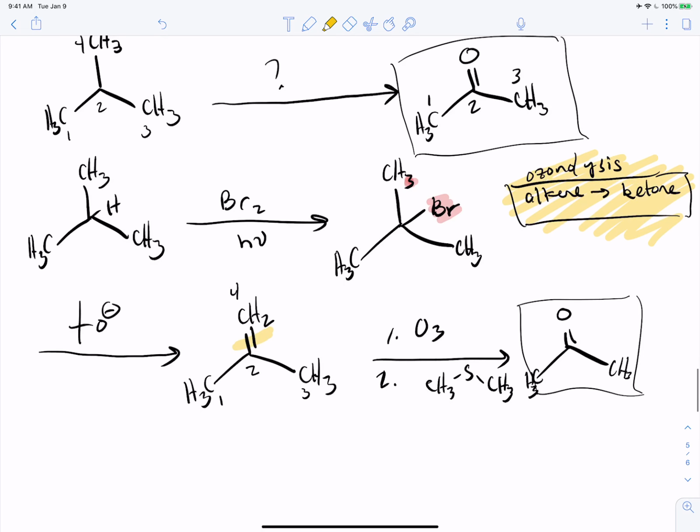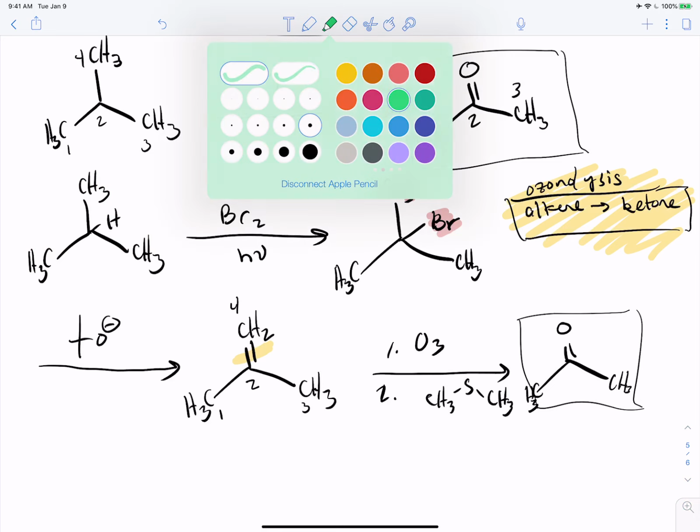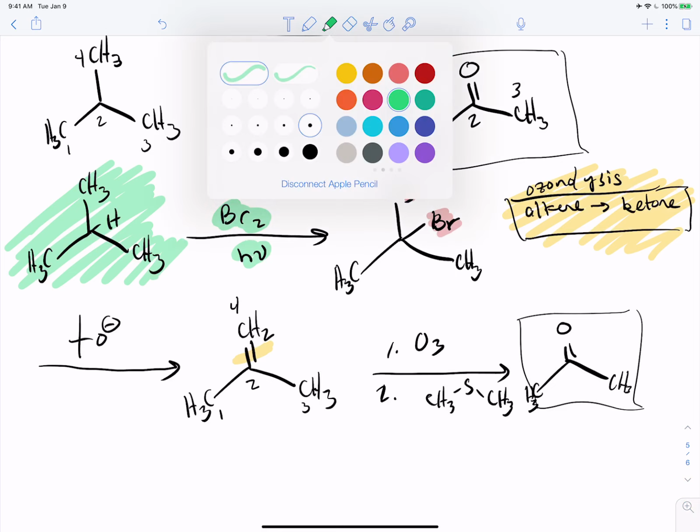If you have these little tricks memorized, you'll note that in this problem, the first step, as I've said, I don't even have to think anything. I'm not using any kind of big part of my brain here. I just know that it has to be this because it's the only thing I know how to make with an alkane.